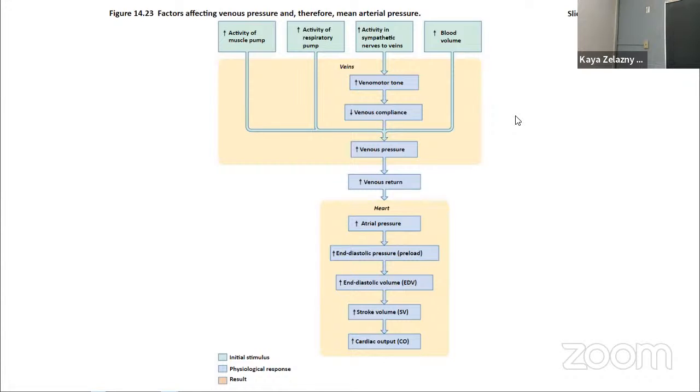Like not necessarily like you put them into an equation, but the fact that the sympathetic nerves are increasing cardiac output by affecting the veins, and they're also increasing the output by affecting our stroke volume and things in the heart directly, increasing the heart rate directly.